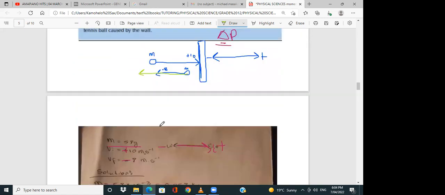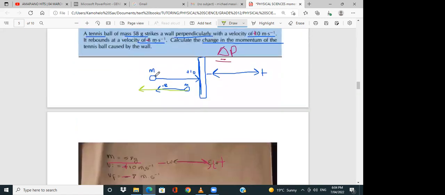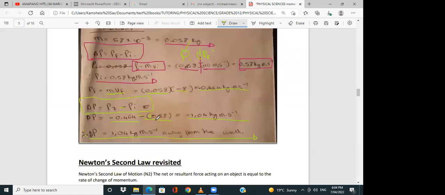And it is legit. Our answer is legit because the ball was moving towards the wall and it bounced and moved away from the wall. Because it moved away from the wall, our final velocity was negative.